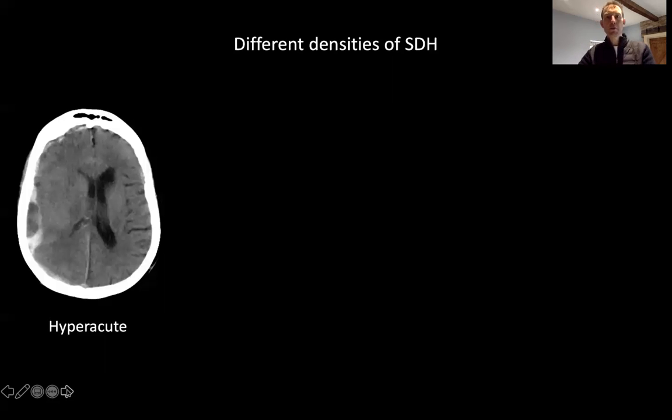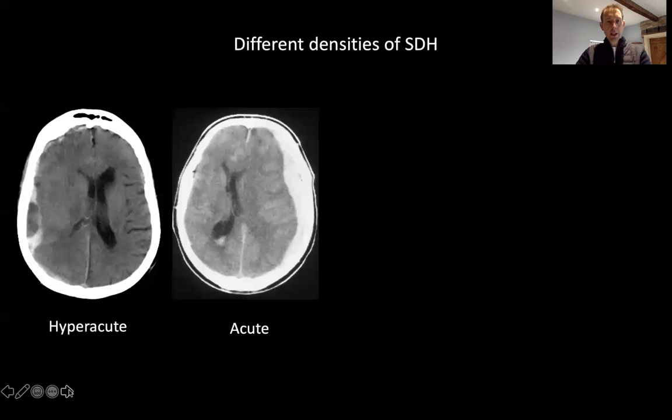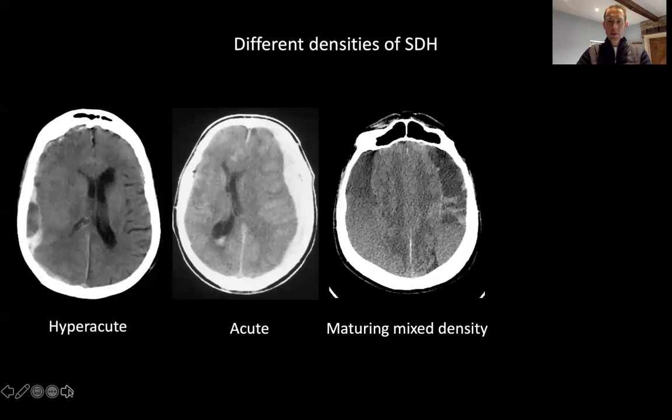So if we look at different densities of subdural, then we can see that there's hyperacute areas. If you've got low density within a hyperacute, then think of active bleeding. We've got acute subdural hemorrhage, with very high densities of 60, 70 Hounsfield units.